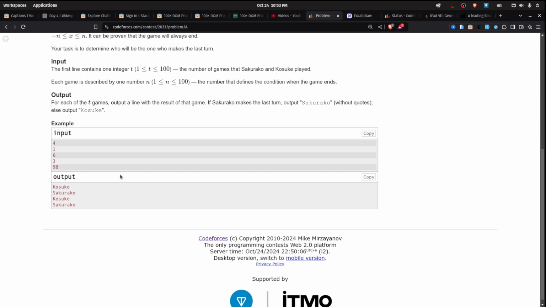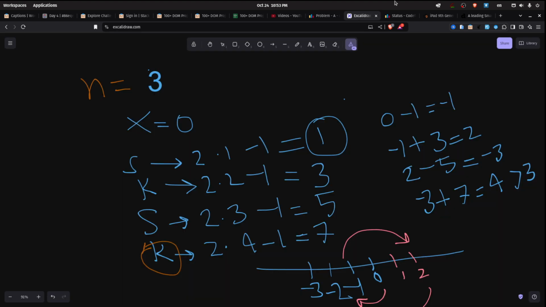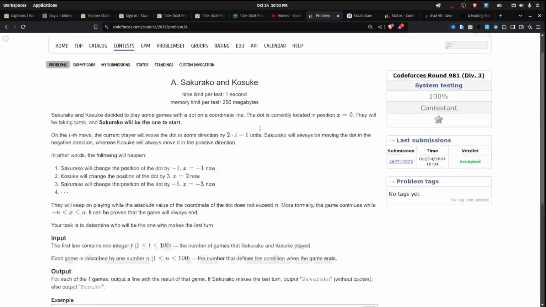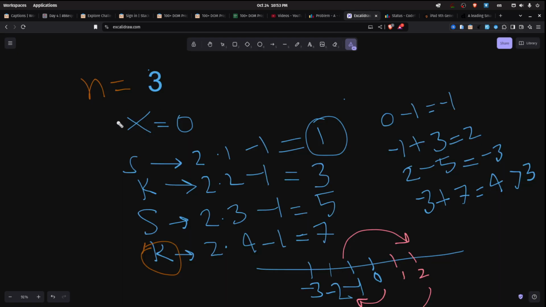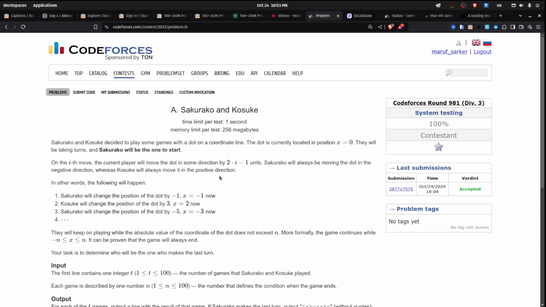You can see that the position x started from 0, and Sakurako is the first one who starts the game. I already said that the equation is 2 times i minus 1 units. Both Sakurako and Kosuke use this rule to move their position left or right.